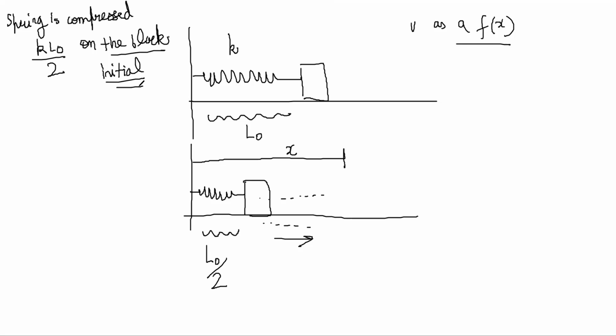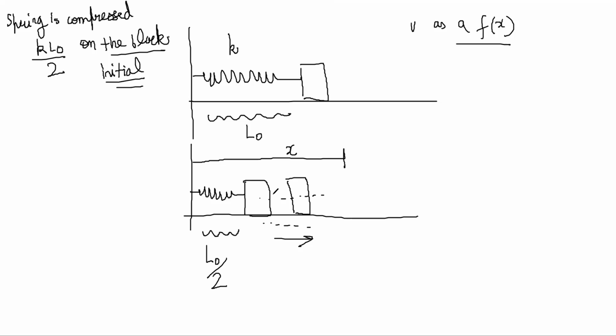So always the spring force will be equal to k times either the extension or the compression, right? You have to always calculate it from the mean position. So notice that if it moves a little distance further, the spring force is now different, because now the compression is slightly less than L naught by 2.